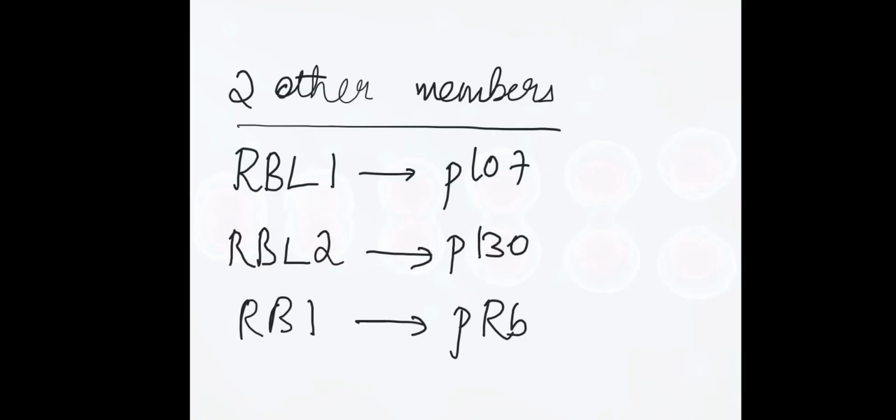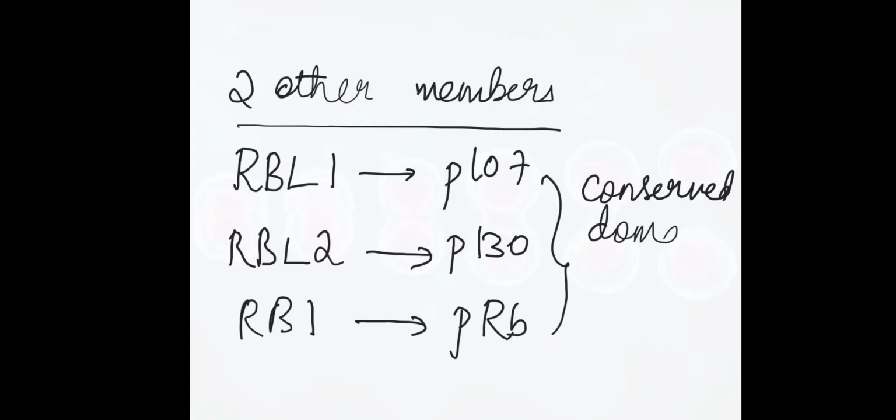All these three RB family members contain a conserved domain, which is known as pocket.